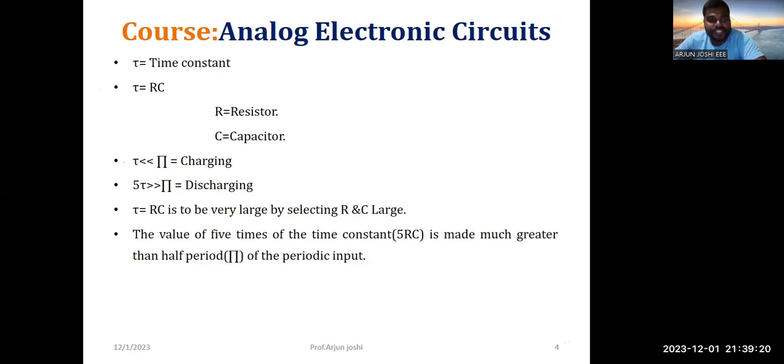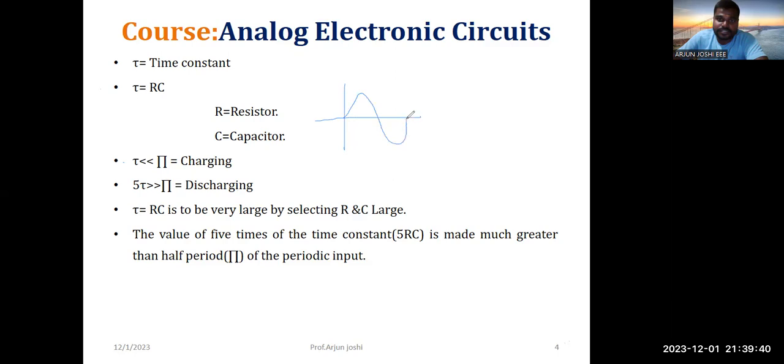But here, 5 times tau should be much greater than pi, that is, from pi to 2 pi. Consider an AC signal from 0 to pi. This is the AC signal, with time on the x-axis.